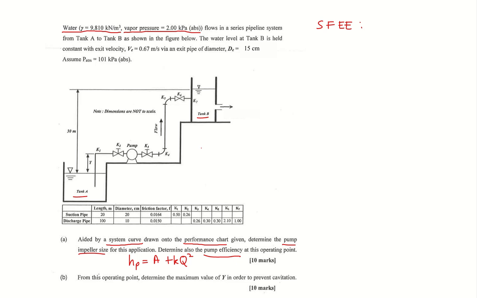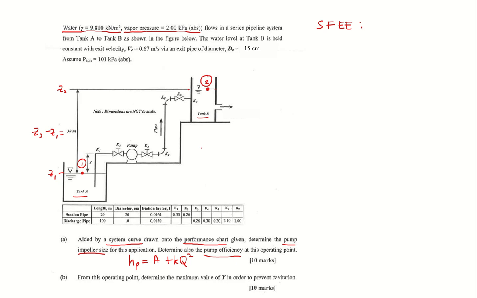So the 2 points that I select here: the first point is on the water surface of tank A, and another point is at the water surface of tank B. Because it's already given here that there's an elevation difference between point 1 and point 2 of 30 meters.